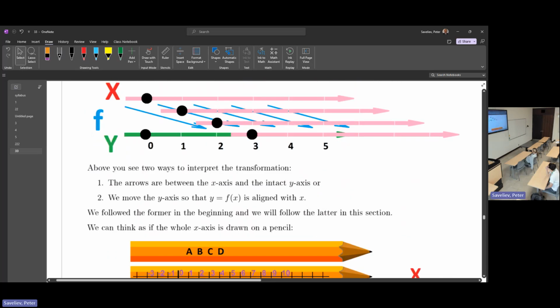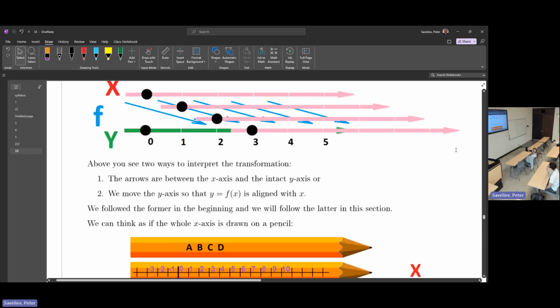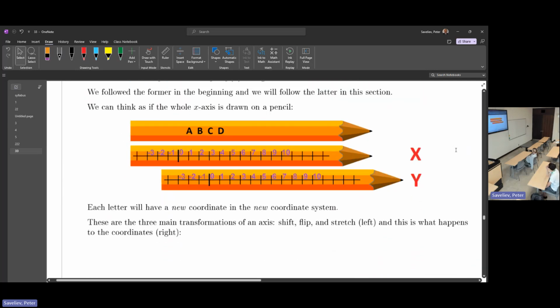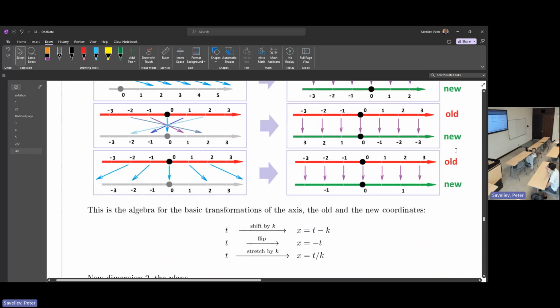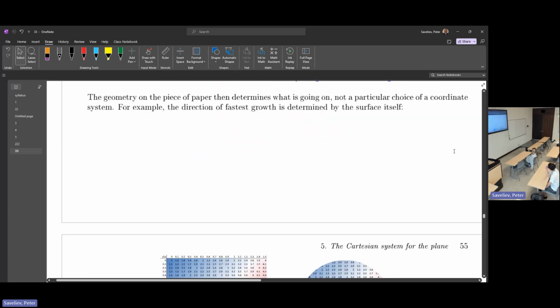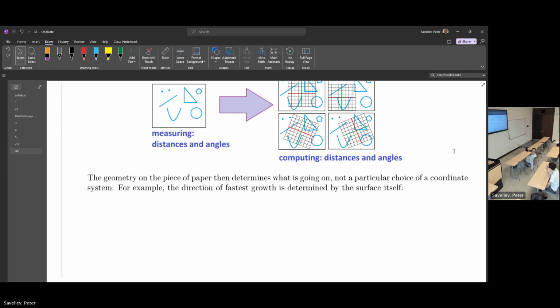To remind you, the transformations that we saw: the linear transformation of the line, and the shift, the simplest one. It creates a new coordinate system. But I think I'll skip this part. So I'm flipping the idea here. We just showed that each change of coordinate system is implemented by means of a transformation.